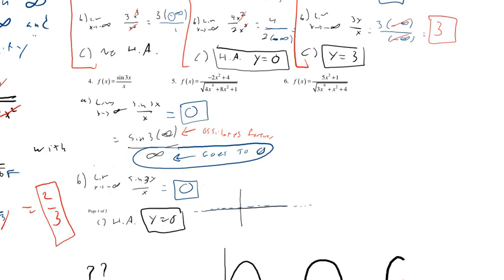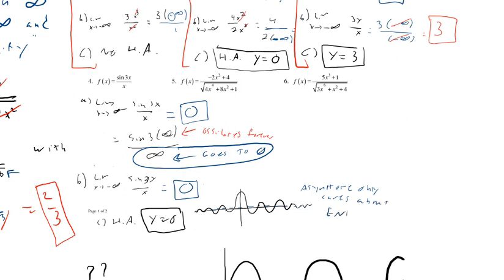Well, it's not that it can never touch. An asymptote only cares about end behavior near infinity.